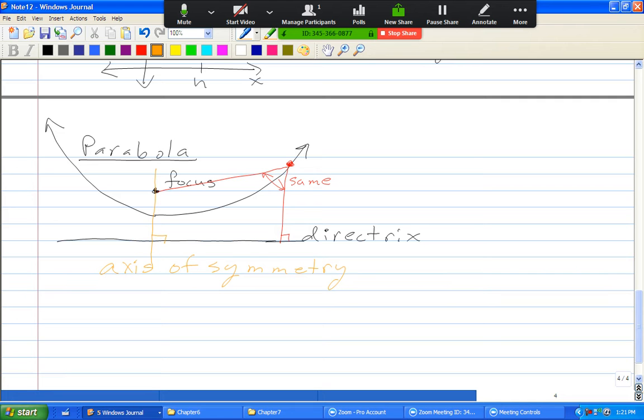Your parabola is symmetric about the axis of symmetry. If I take a point on the parabola intersecting the axis of symmetry, this would be called the vertex.